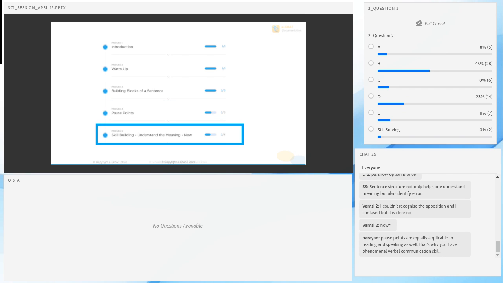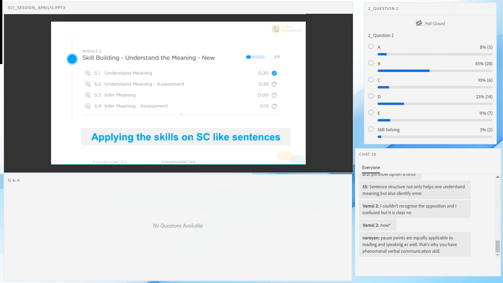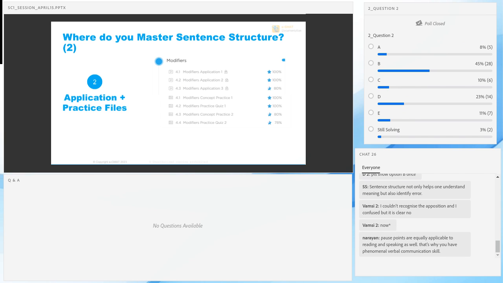Okay. Then skill building, this is what I was talking about. All of these assessments are actually correct SC sentences on which you apply sentence structure and you practice that. Okay, and then you continue doing that in all of the application files. Okay, this is modifiers section module in SC course.